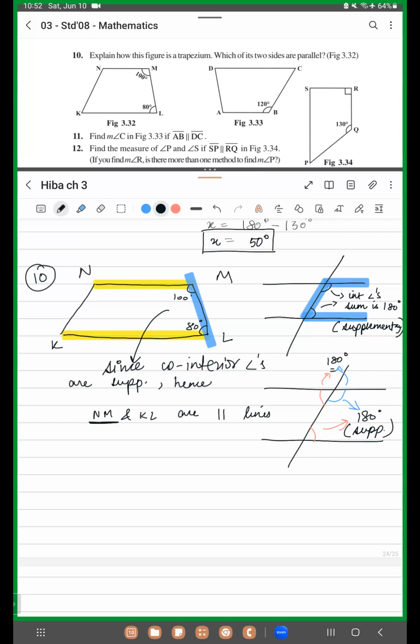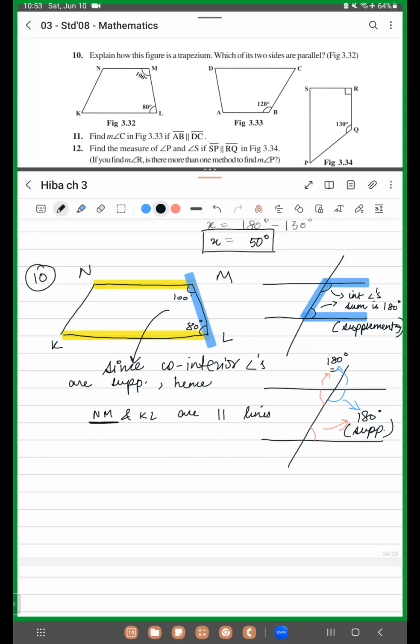Wait, why did you write that co-interiors are supplementary? Are they not supplementary? 180. It is shown to us. It is given to us that they are both supplementary. That is given. 100 plus 80. So it's 180. Yeah, but why do we specifically have to write that they are supplementary?